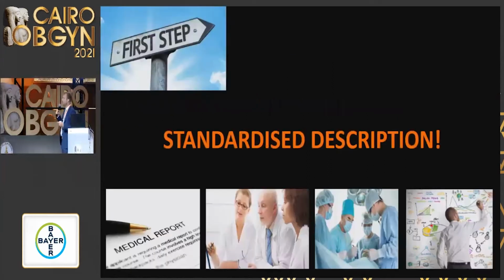So if you make a medical report and you do follow-up of a cyst in a patient, you want to know if the measurements are the same over time, or if there will be a change. But if you measure things always in another way, what is then the value of your reporting? Besides that, if you want to use IOTA methods like the simple rules or the ADNEX model, it's very important that you use the descriptions as they are intended to be used. So a papillary projection, for instance, is a protrusion of 3 millimeters.